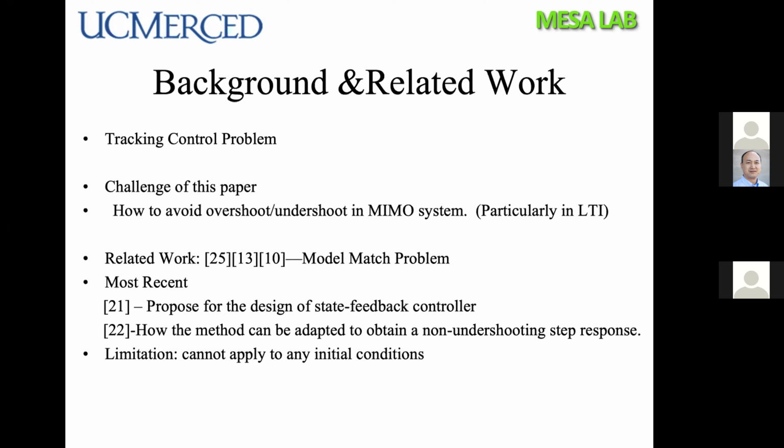When dealing with the transient performance, one is usually concerned with reducing both the overshoot and undershoot, or ideally achieving a monotonic response that rapidly converges to the steady state value. It is commonly understood that achieving a short settling time while at the same time avoiding overshoot and undershoot is also the challenge of this paper.